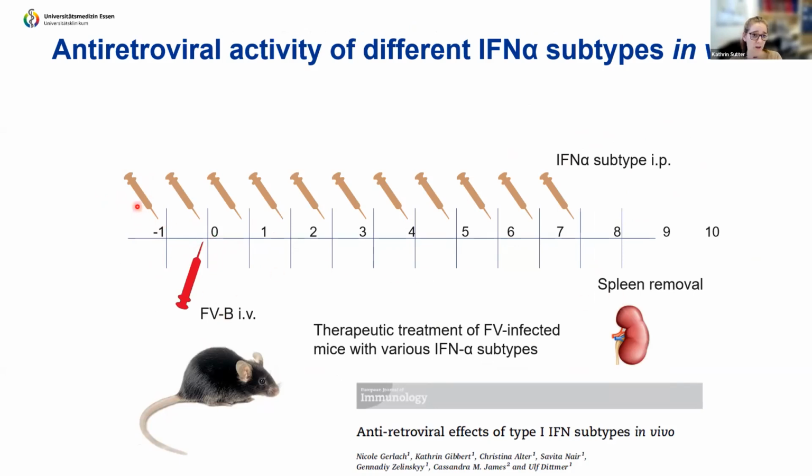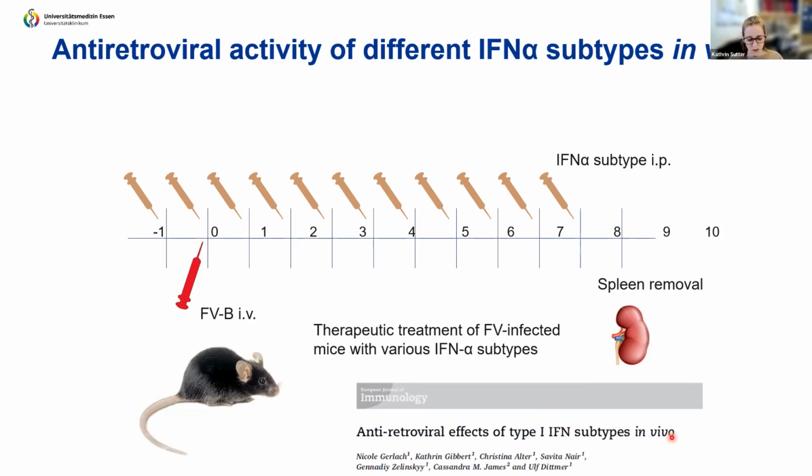We start with the treatment with the interferon, and then we infect those mice with the Friend virus, and we do this treatment for 10 days, and then we sacrificed the mice, and we were interested in the effect of the different interferons. Because this was already done when I came to the lab in 2007, as Ursula said. And at that time point, everyone thought, yes, of course, we have a lot of different interferons, but they're all doing the same.